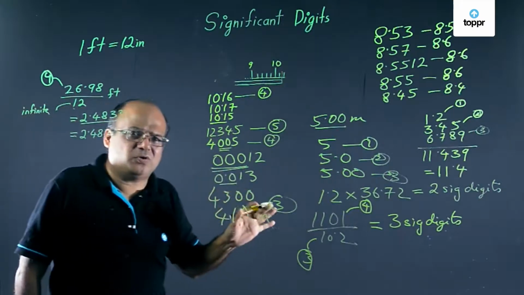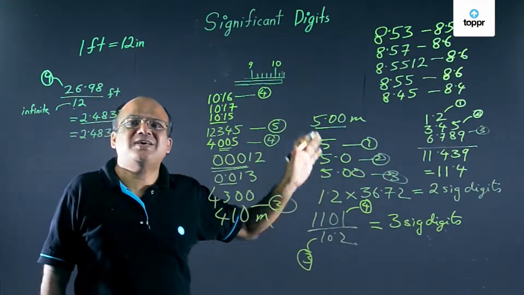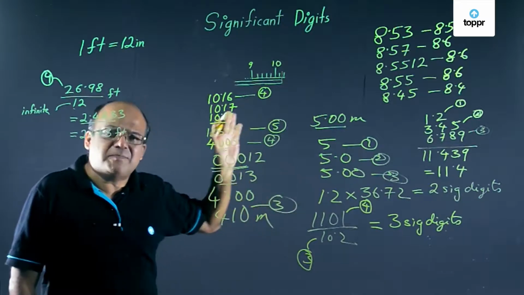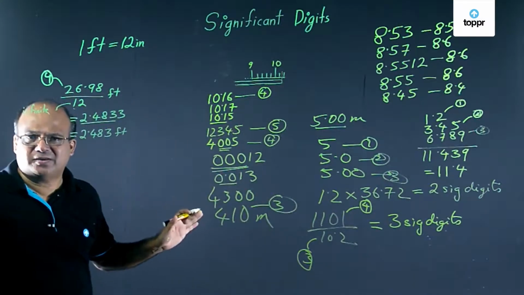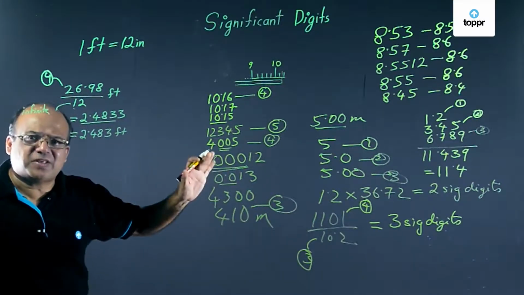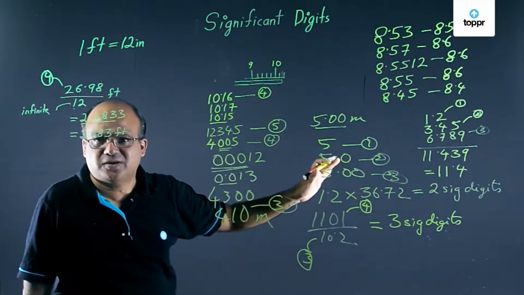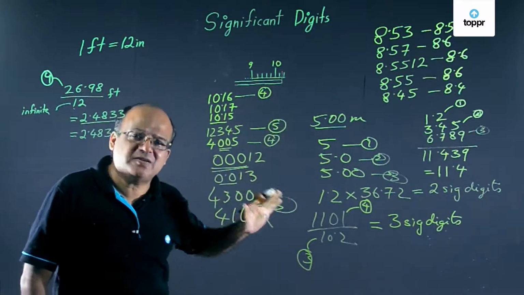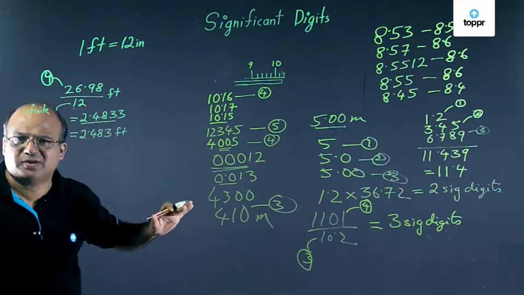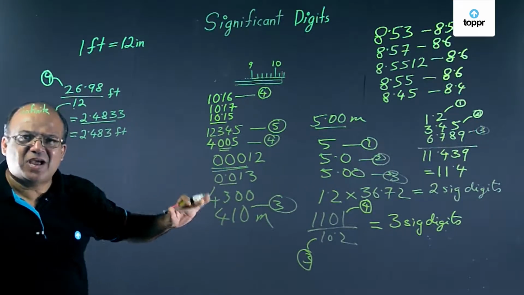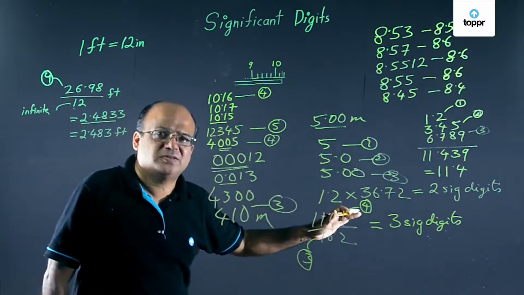So in this video, we have learnt about significant digits. The important things that we have learnt are, first thing, all non-zero digits are significant. All confined zeros are significant. Zeros on the left are never significant.